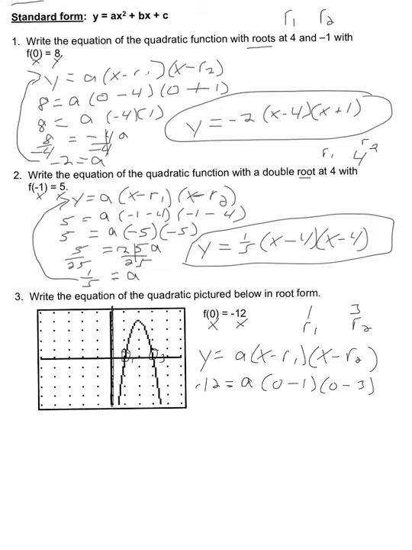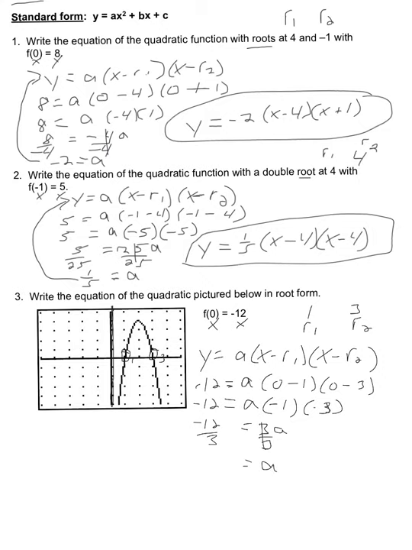Cleaning up the parentheses, 0 minus 1 is a negative 1, 0 minus 3 is a negative 3. Bring down my a, my equals negative 12. Now I've got multiplication on the right side. Negative 1 times negative 3 is a positive 3a equals negative 12. Divide by 3 to solve for a.